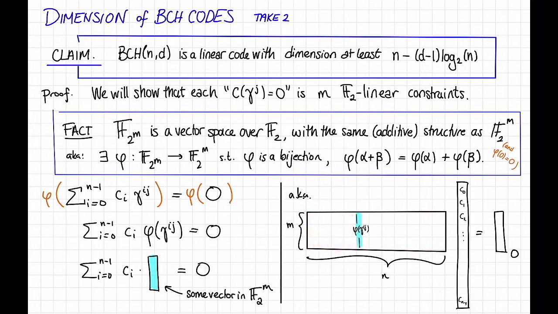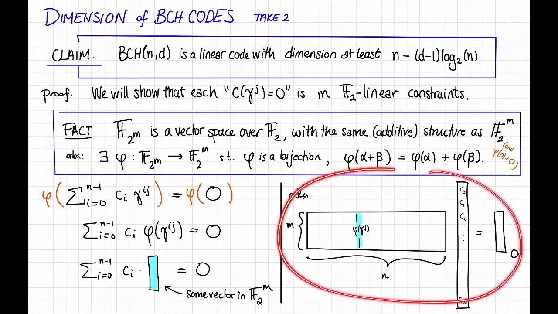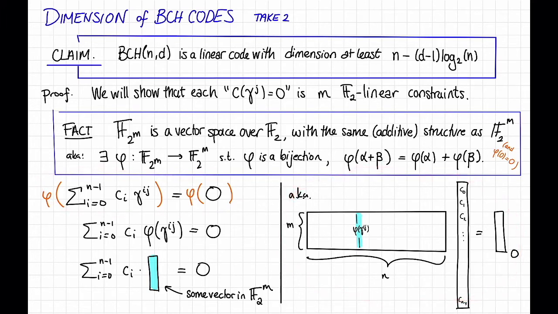And when I do this matrix vector multiplication, I better get 0. So this original thing, without the phi's, is exactly the same as this matrix equation over F2. This is what I mean when I say that each constraint of this form is actually m linear constraints over F2. I have m different constraints, which are given by the rows of this matrix.